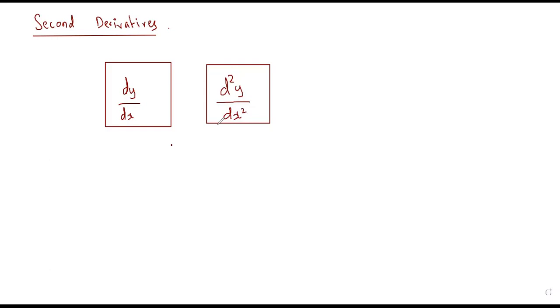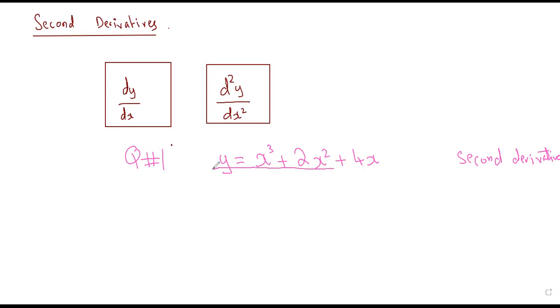For example, let's say question number 1. Let's say you had y equals x cubed plus 2x squared plus 4x. This is the curve, and you have been asked to find the second derivative of this curve.